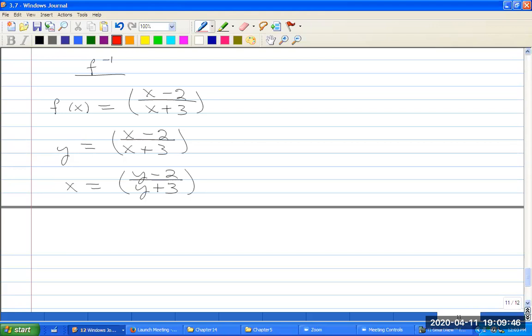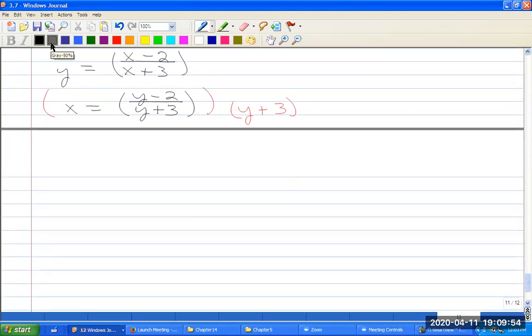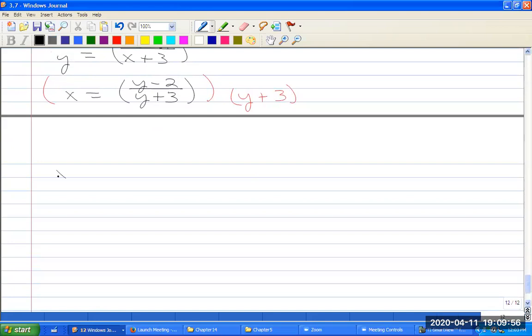So first, let me multiply both sides of my equation by y plus 3. And so I get xy plus 3x equals y minus 2. Let me add 2 to both sides of my equation, subtract xy from both sides of my equation.